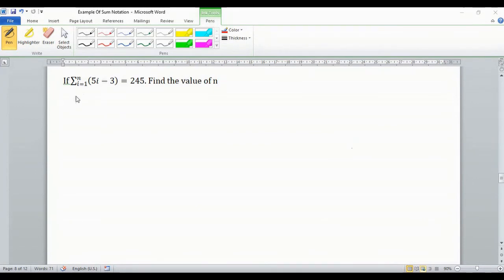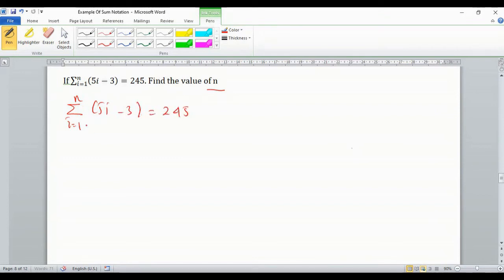If sigma i equals 1 to upper index n of 5i minus 3 equals 245, you need to find the value of n. So from here, we can still use the properties. Remember, sigma i equals 1 to n of 5i minus 3 equals 245.